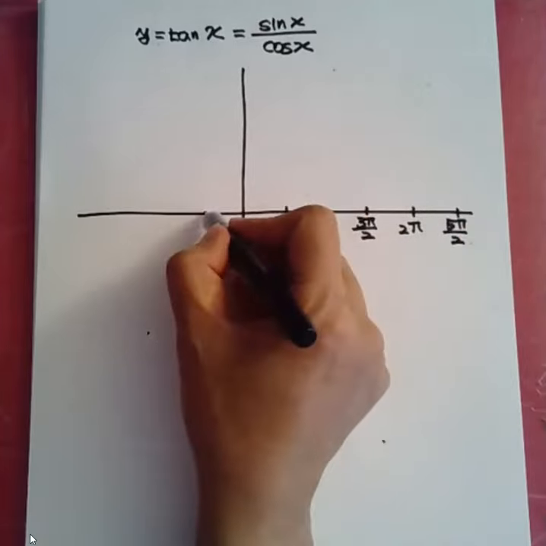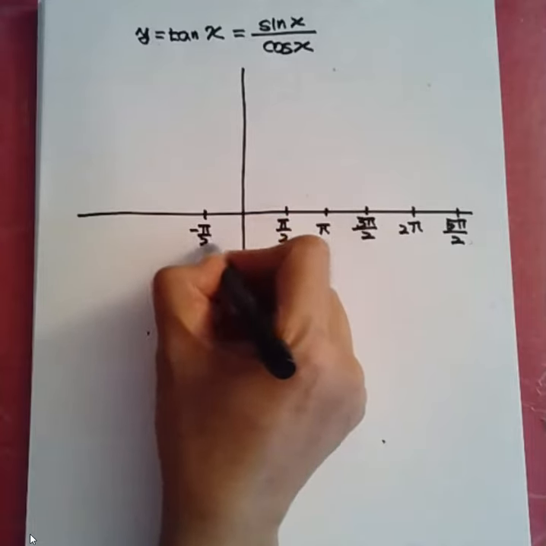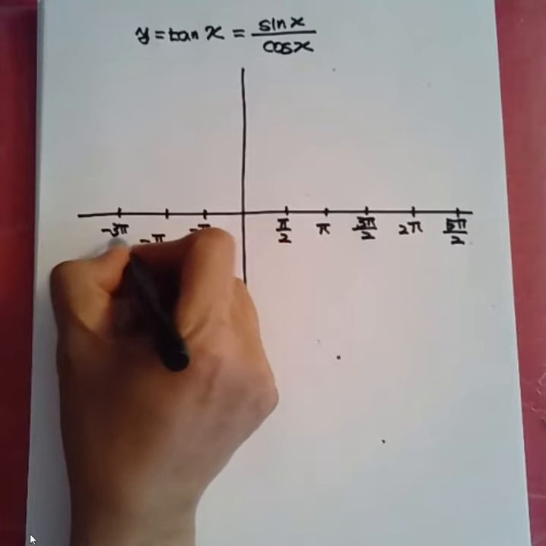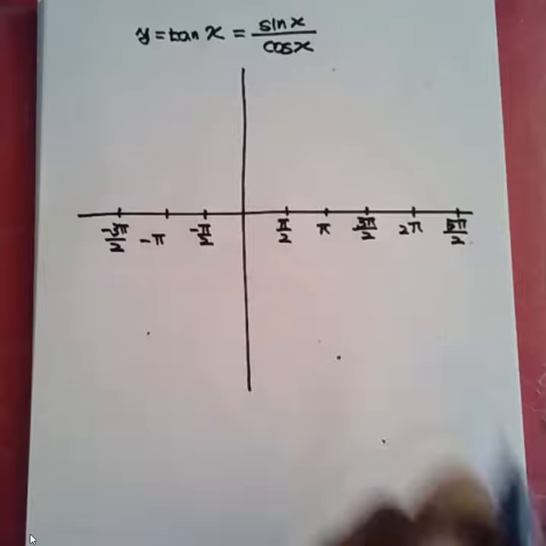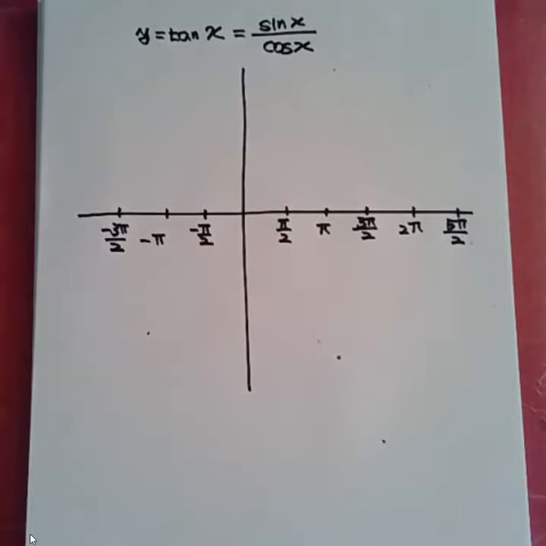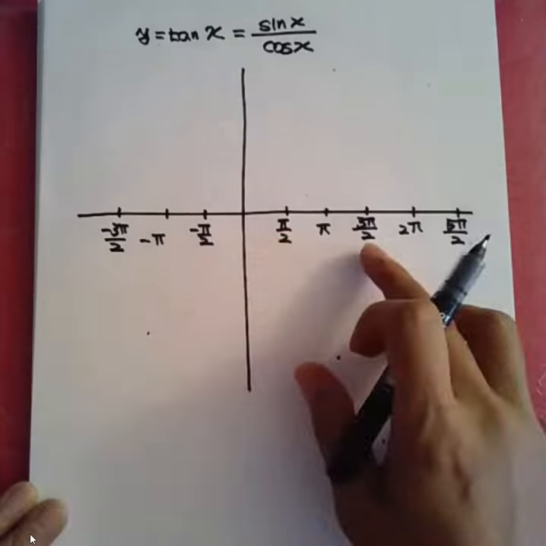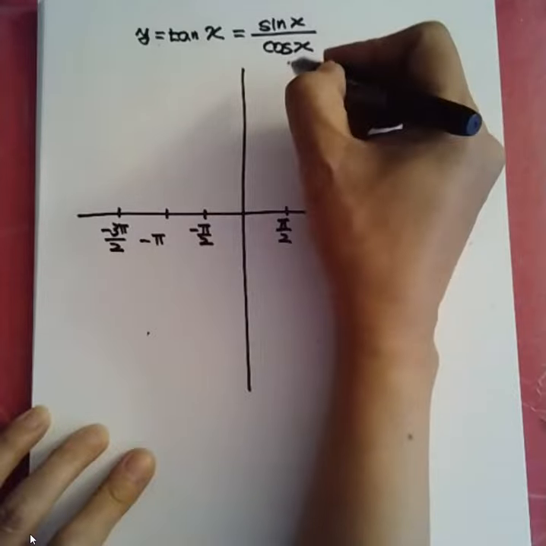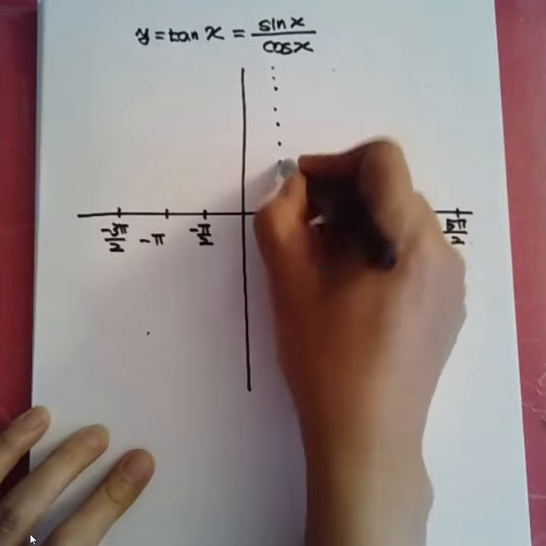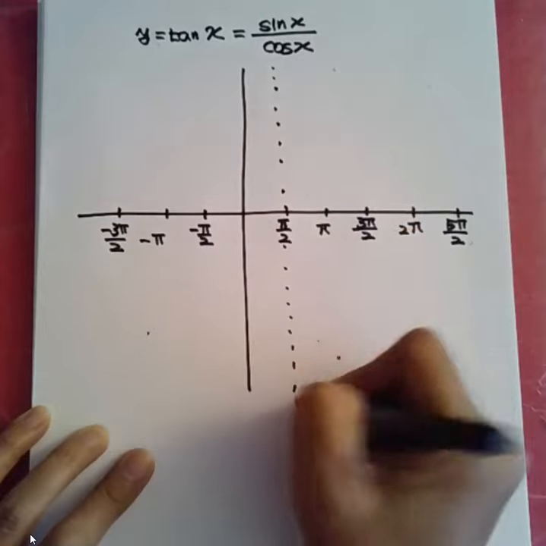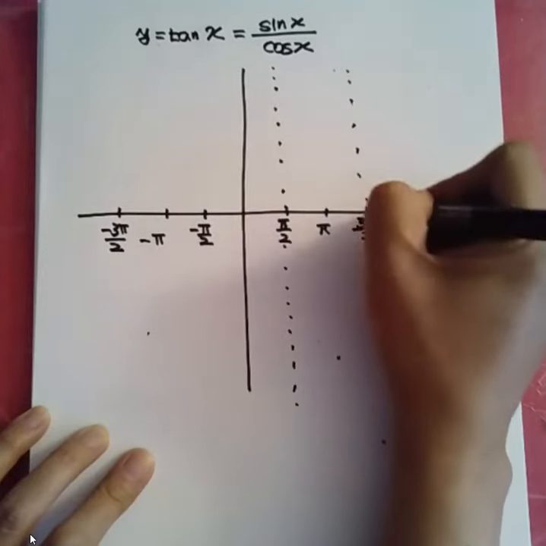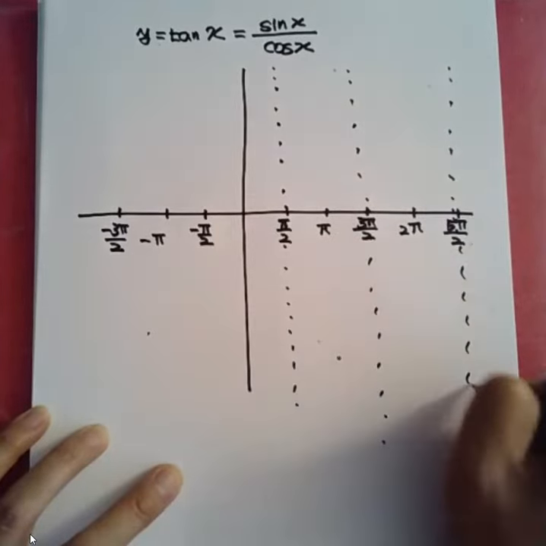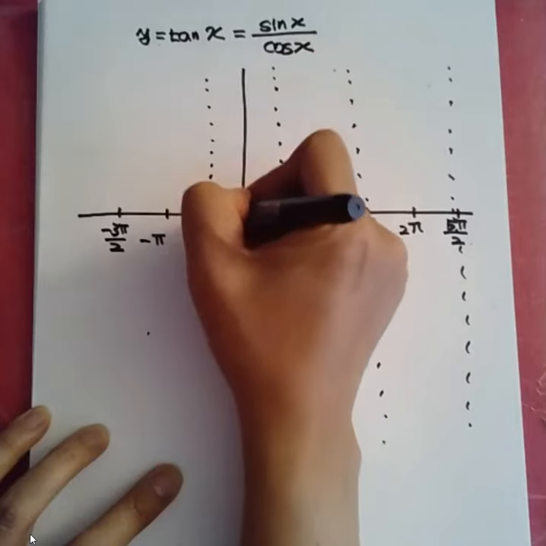There are two important key points for each period. I said odd multiples of pi over 2 will initiate the vertical asymptotes, because cosine function is 0 and the fraction is undefined, so tangent is undefined.